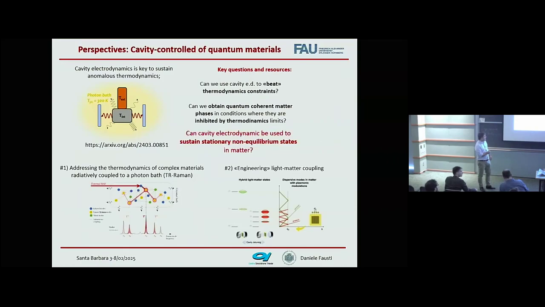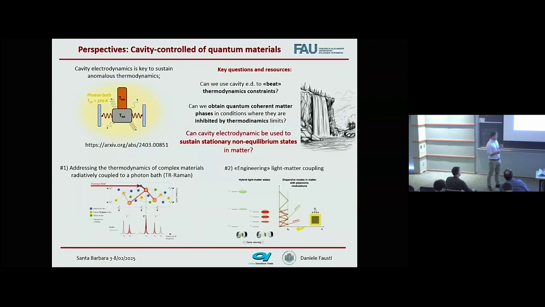But I think that sustaining non-equilibrium stationary states sounds very, very fancy, but it's something that nature does regularly. We have many examples in nature where we have stationary states which are non-equilibrium states.